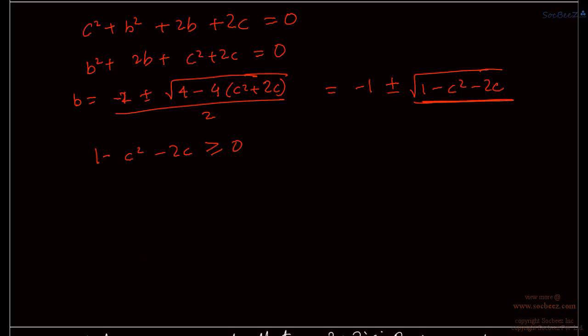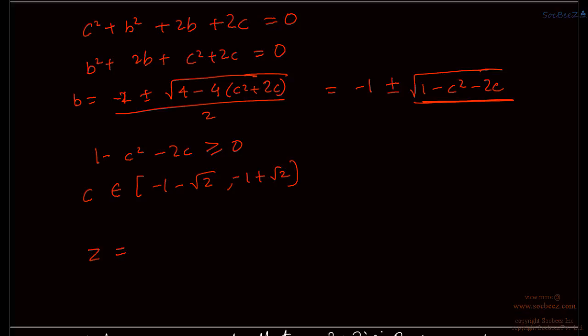Now, solving this, we get that c belongs to minus 1 minus root 2 to minus 1 plus root 2, right? So this will be the range for c, so that 1 minus c squared minus 2c is greater than or equal to 0, right? Now once that is written, we can write down our z.